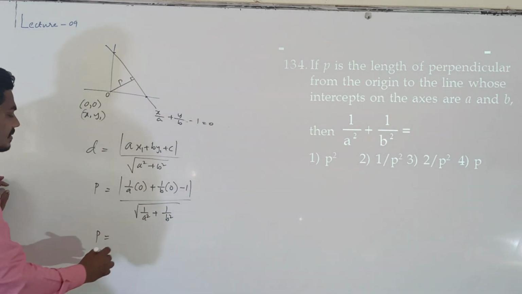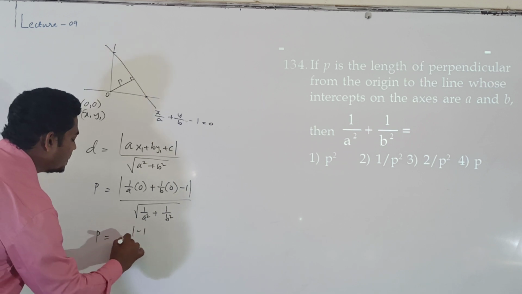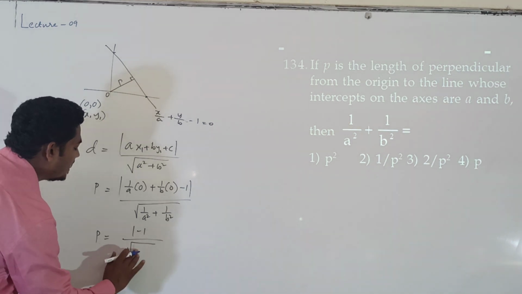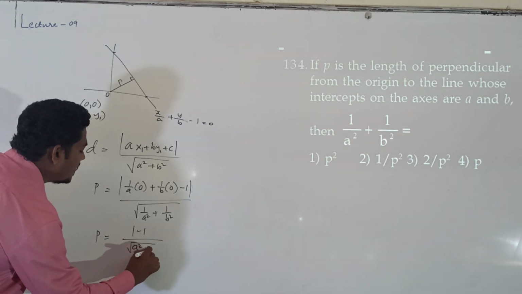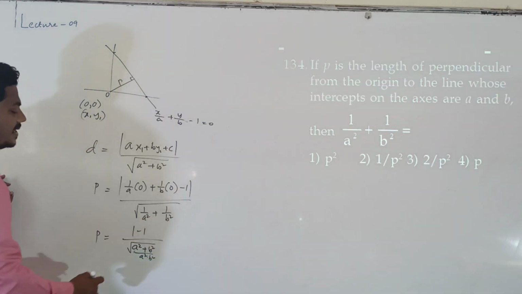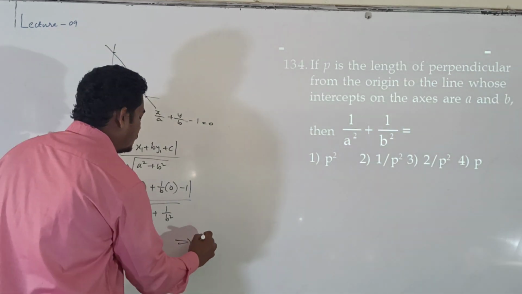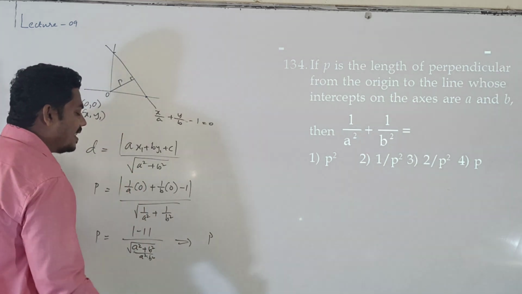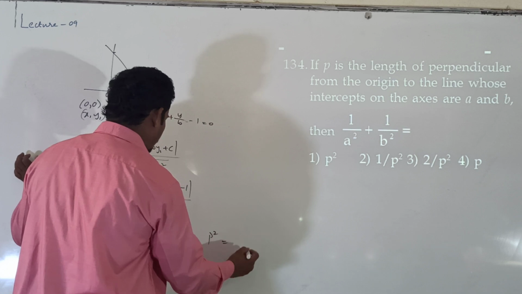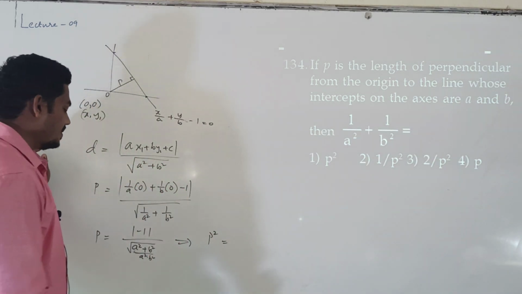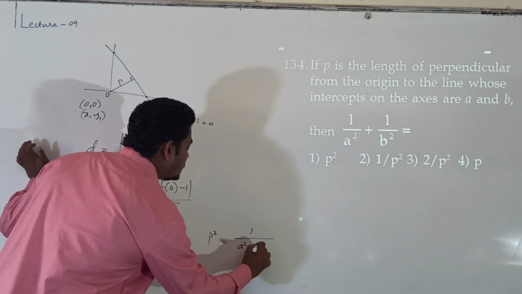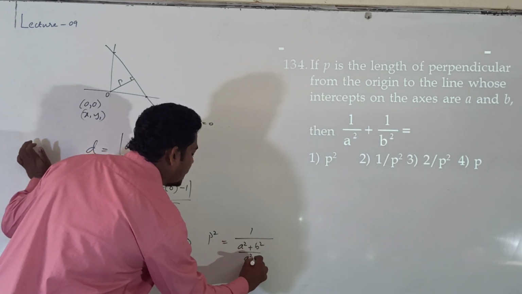That's equal to P equal to modulus of minus 1 divided by square root of 1 by a square, or else taking LCM, a square plus b square divided by a square into b square, just taking LCM, implies, then squaring on both the sides, p square is equal to 1 divided by a square plus b square divided by a square b square.